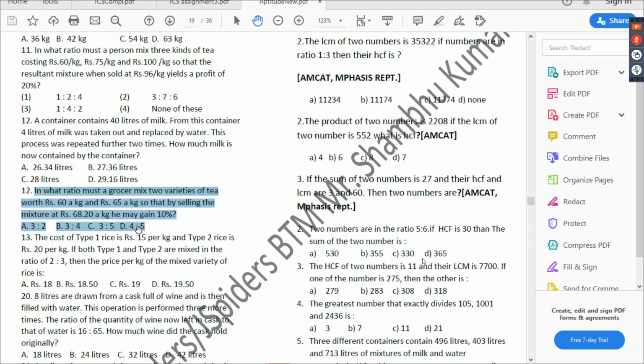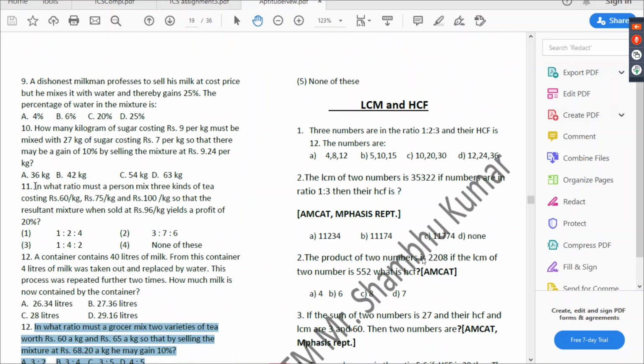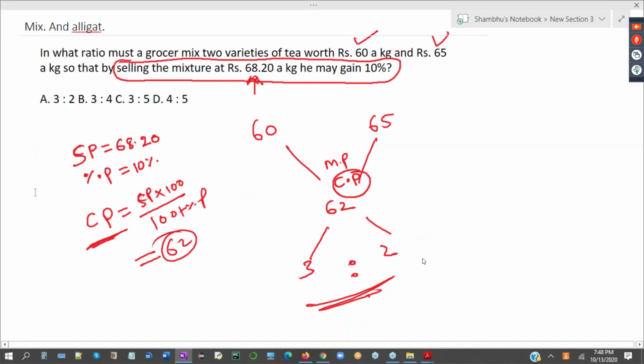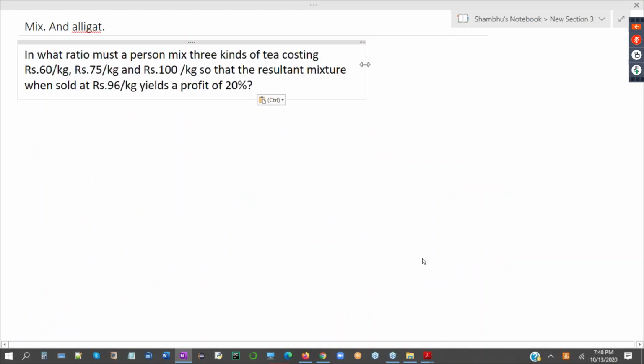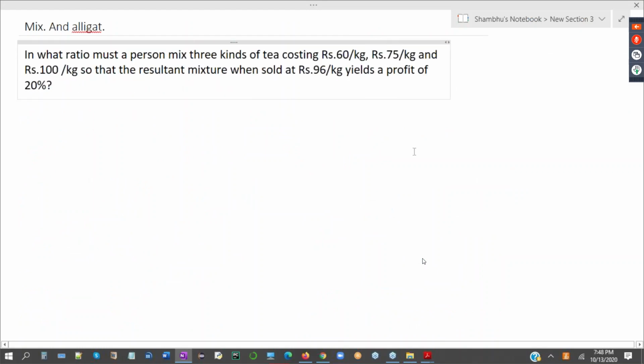Now you can see here also we have 3 items. We will not solve this question, I am only showing you. One item is 60, one item is 75 per kg, and one item is 100 rupees per kg. In what ratio should they be mixed such that when sold at 96 per kg it gives a profit of 20%?